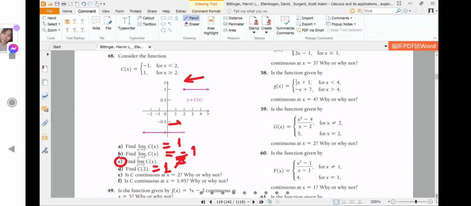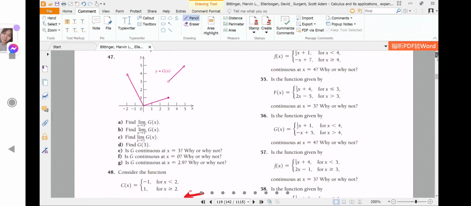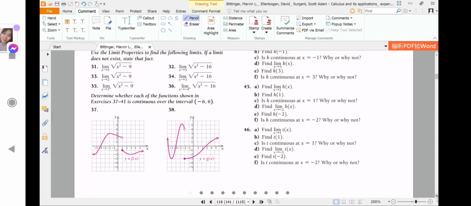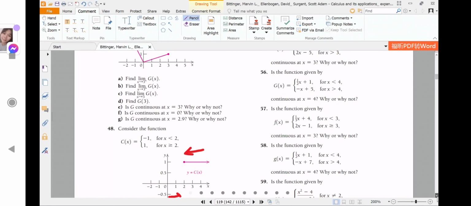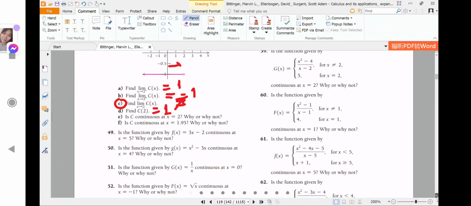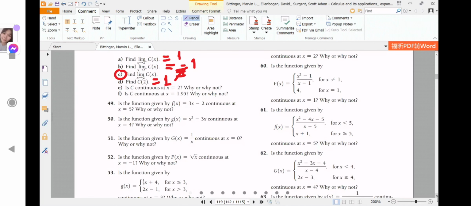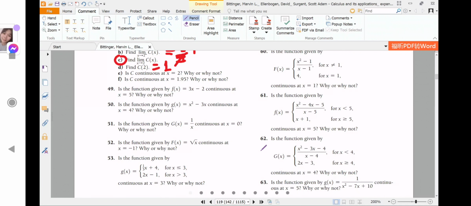And continue with another exercise, 53. So you see 53 here is the function given, continuous at number 3.